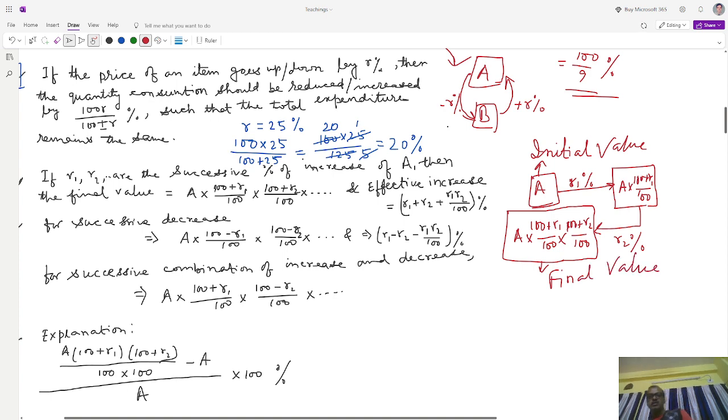What is the difference of these two values in percentage? This is equal to R1 plus R2 plus R1 R2 by 100 percent.